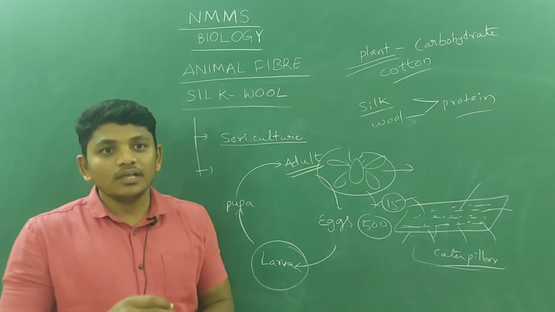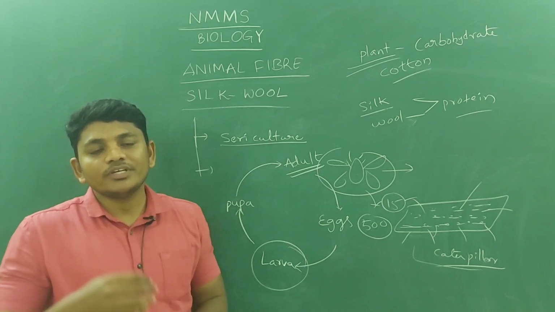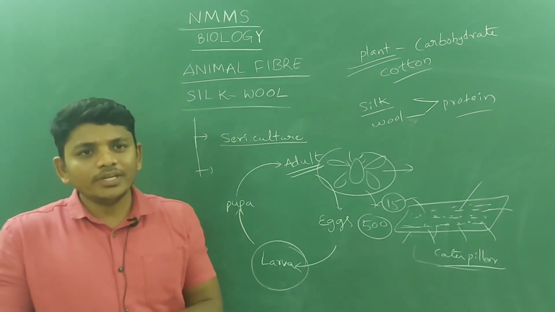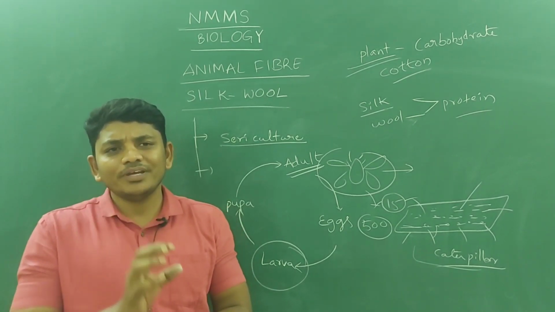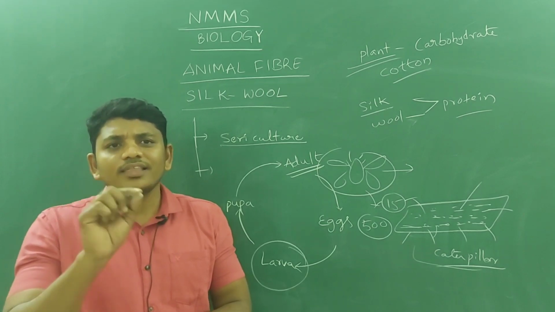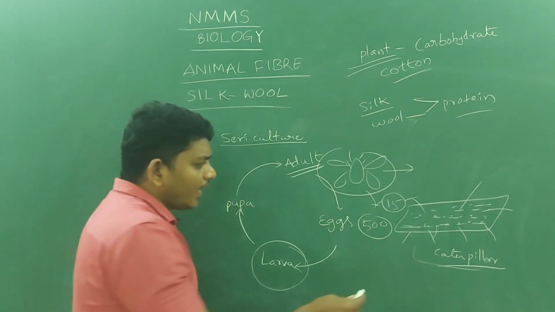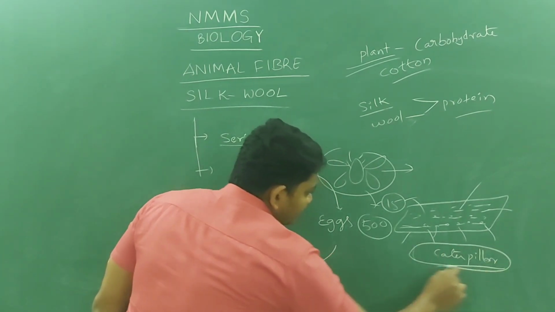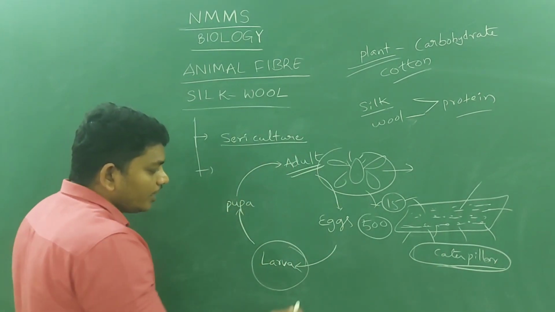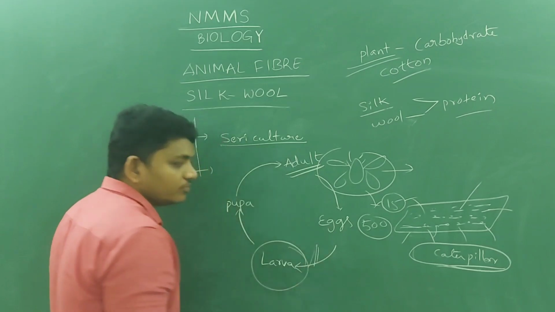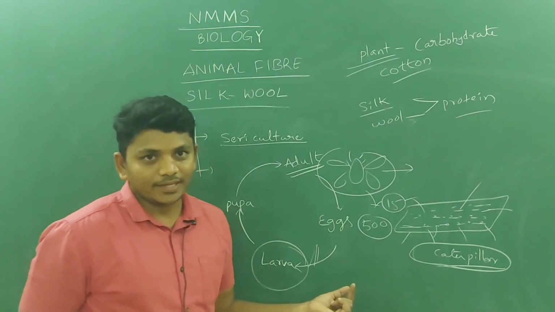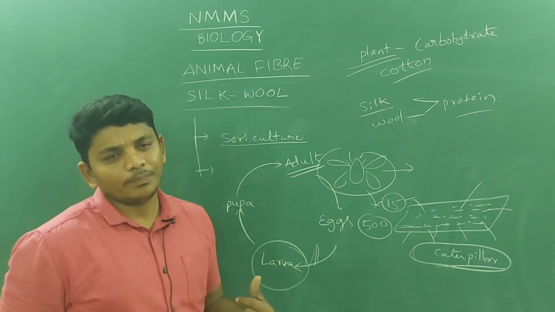After that, the caterpillar will not eat food. It starts to secrete some protein material from its mouth, which will be a thread-like structure. When the caterpillar stops taking food, it will go to a branch or any part of the mulberry plant.